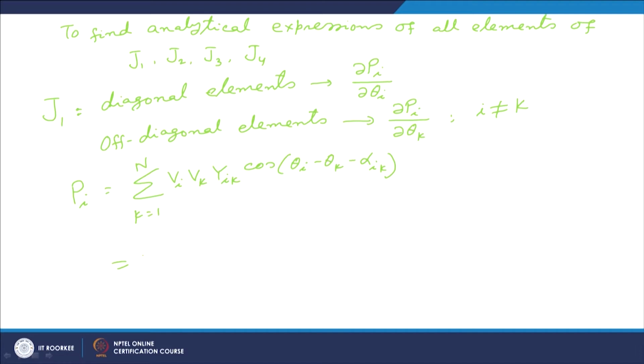When k varies from 1 to n, at some step k would be equal to i, so we take that term separately. When k is equal to i, this becomes Vi into Vi, that is Vi squared, Yii cos theta i minus theta i, so these two cancel out and only cos of minus alpha ii remains.